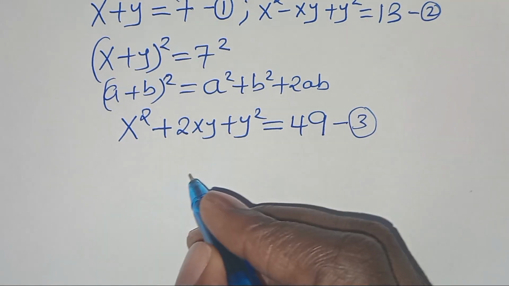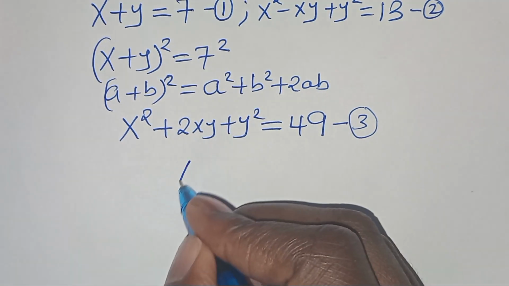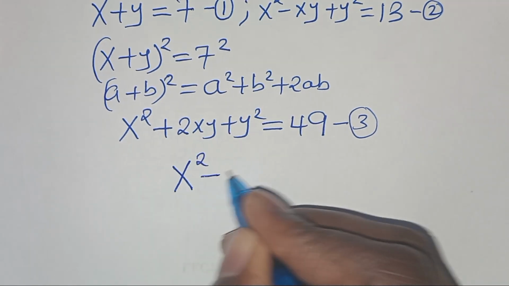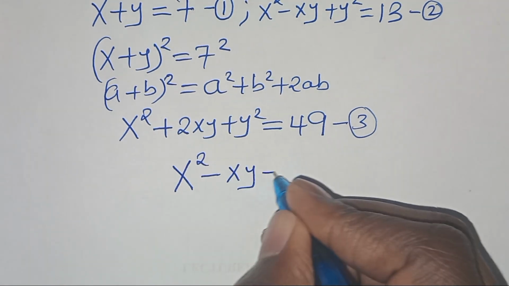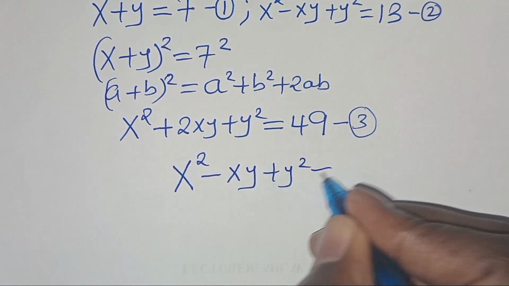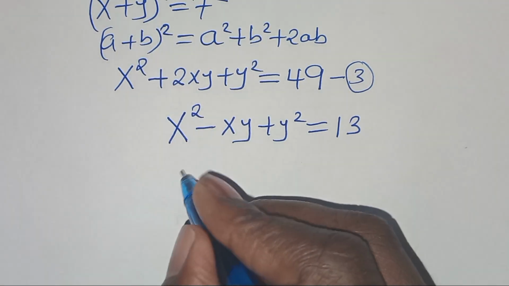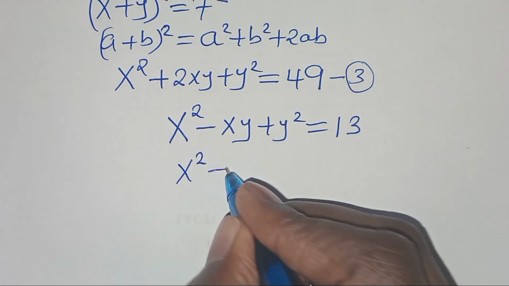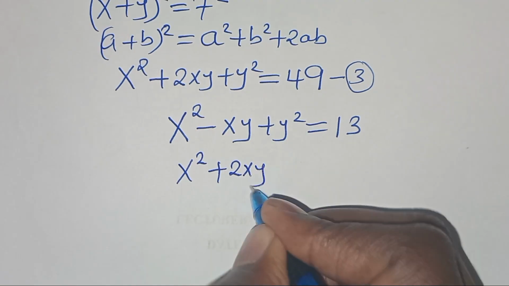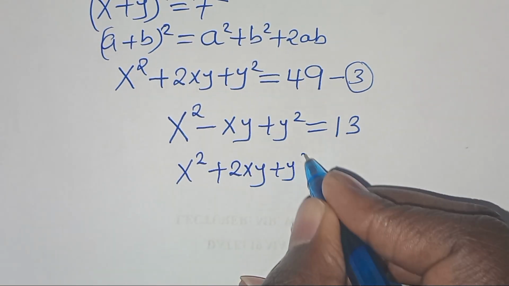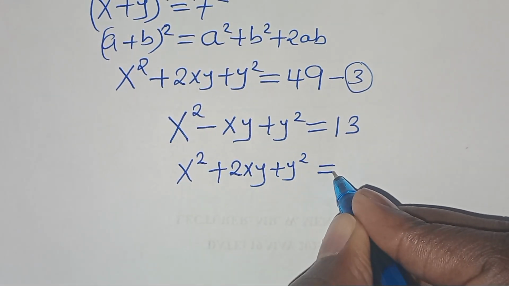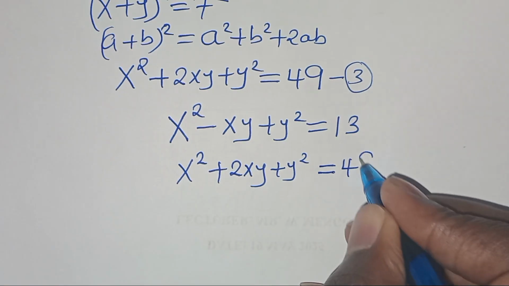Let's subtract them. We have x squared minus xy plus y squared equal to 13. So we also have x squared here plus 2xy plus y squared equal to 49.